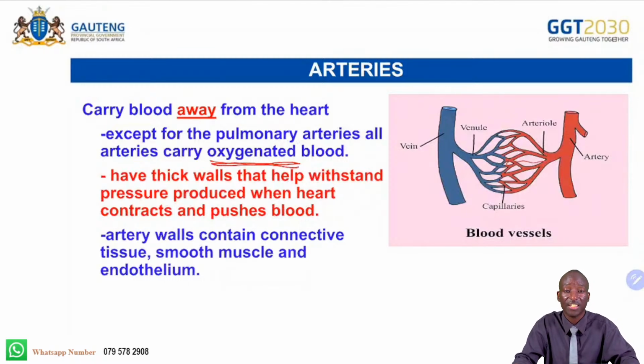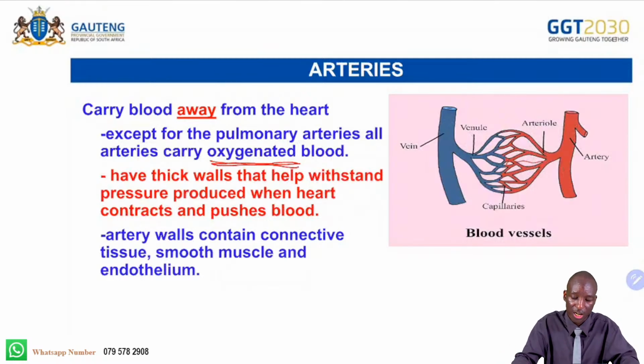So those are the arteries we're talking about, and shown in the diagram there, we've got those three blood vessels all shown. We've got the arteries shown in red, simply illustrating that the arteries carry oxygenated blood. Then we come to the veins, which are marked in blue color there.